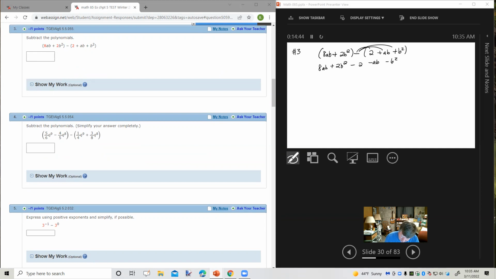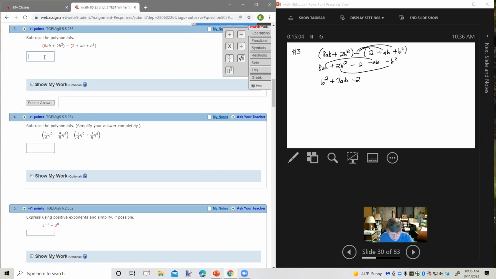Combining like terms, let's see. I'm going to put this in descending powers of b. So I've got 2b squared minus b squared is b squared. 8ab minus ab would be plus 7ab and then minus 2.